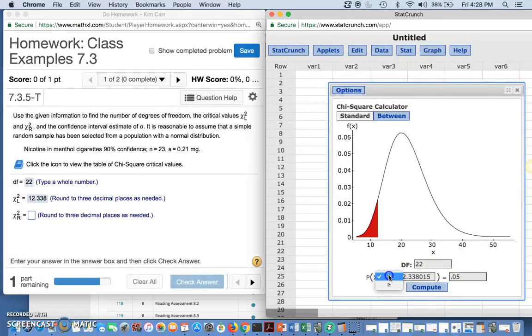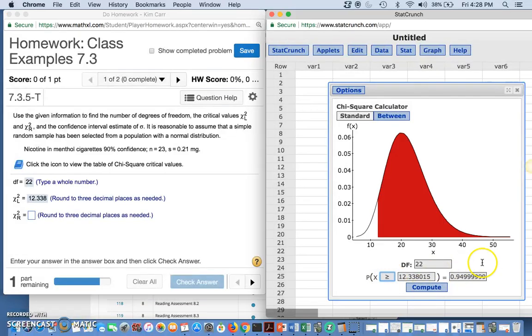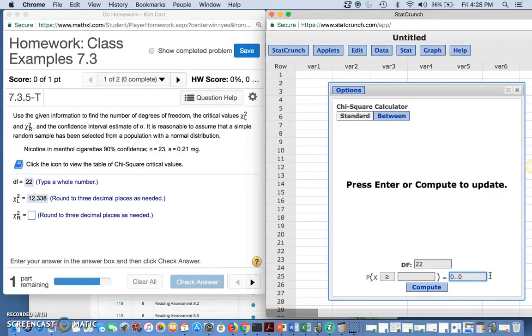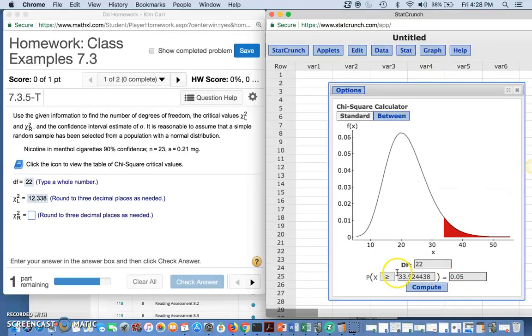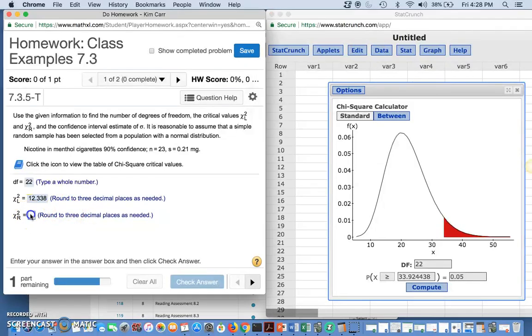Well, we're going to change it from less than to greater than. We don't want that. We want 0.05 in the right tail, 0.05. Degrees of freedom still 22. And the chi-square for the right tail is 33.924.